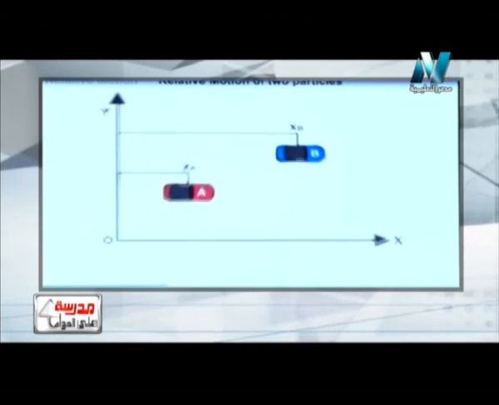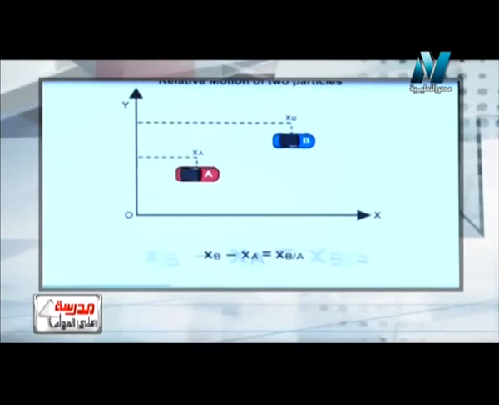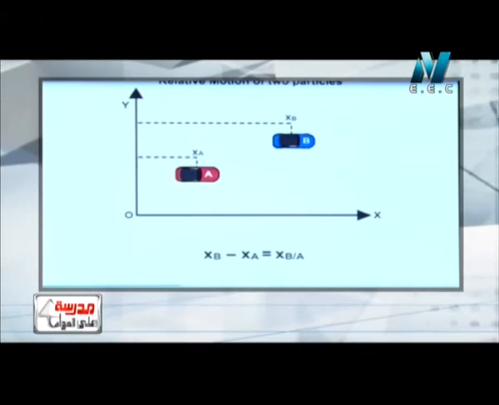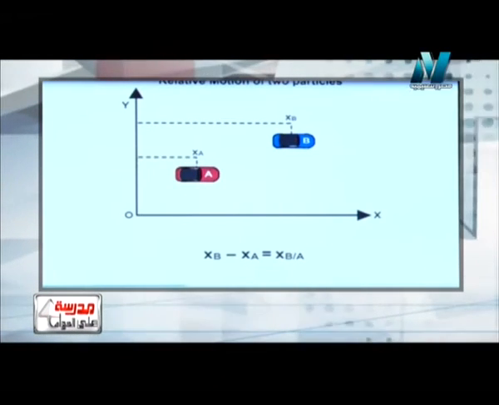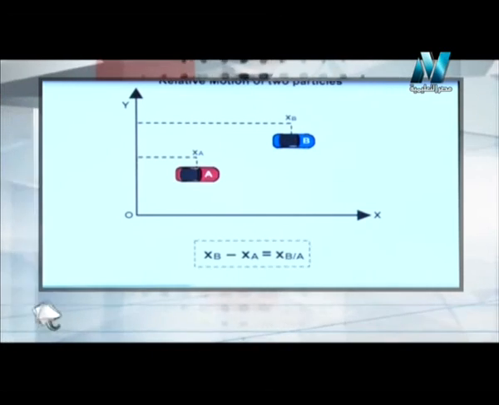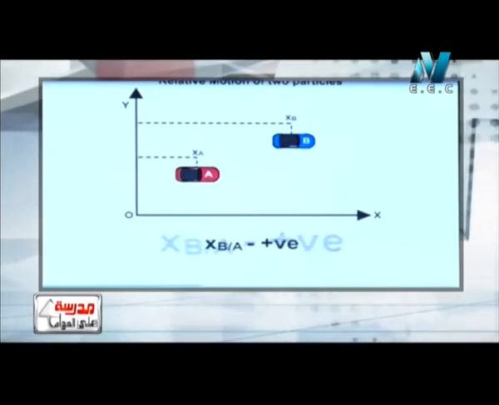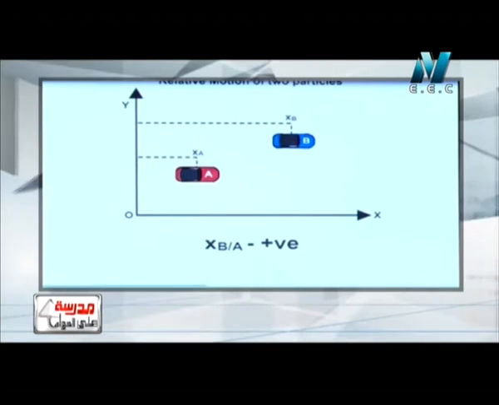Minus. So XB minus XA, where the result here is the relative speed of B to A. And A to B would be XA minus XB.